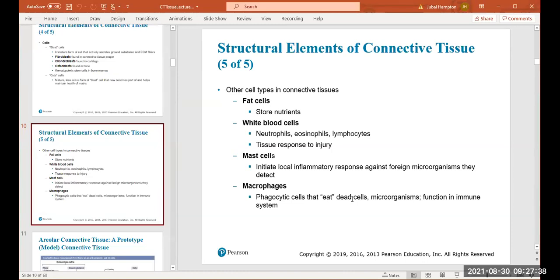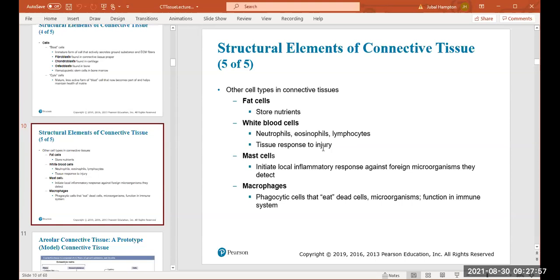Leukocytes, granular and agranular, are the white blood cells, and these are part of the immune system, your tissue's response to injury. Leukos means white.